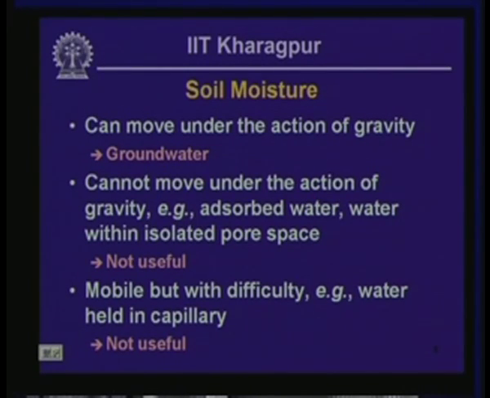A portion of soil moisture, actually a portion of underground water, can move under the action of gravity, and that is called groundwater. We have also learned that a portion of soil moisture cannot move under the action of gravity. This is the moisture which is adsorbed on the surface of the soil solids, or the water which is locked within isolated pore space. This portion is not useful as far as human need is concerned. There is another portion of soil moisture which is relatively mobile, but can be extracted only with great difficulty.